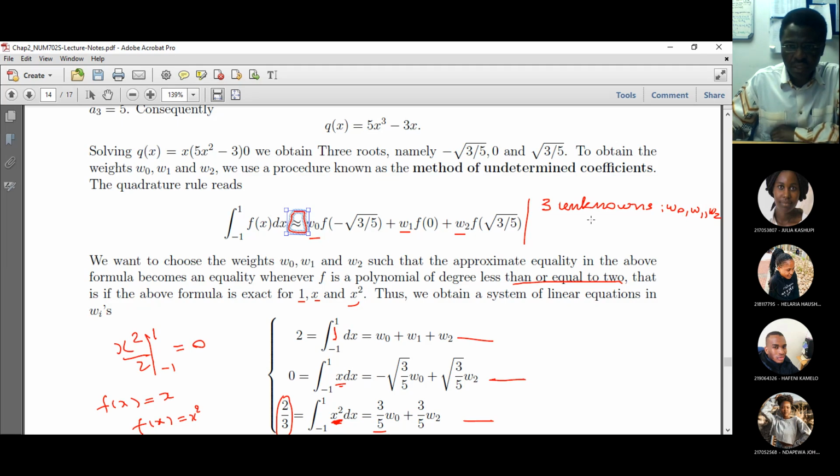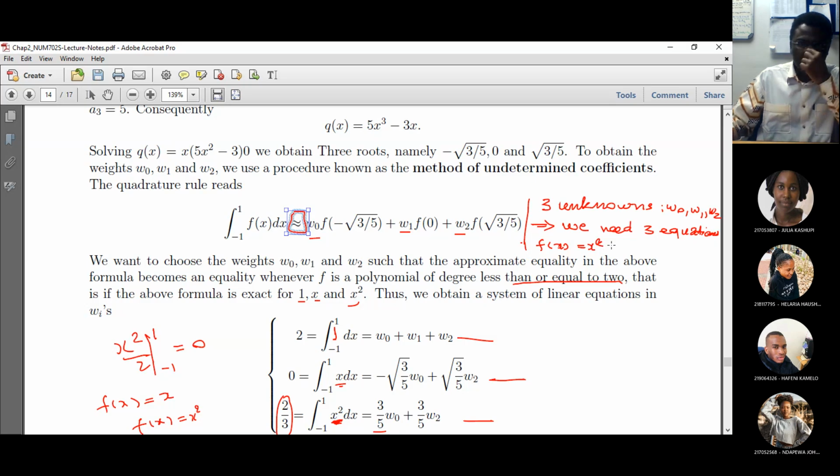So how many equations do I need to determine 3 unknowns? I need 3 equations. So if I need 3 equations, it is enough for me to use f of x equal to x^k with 3 values of k. So I can take k to be 0, 1, 2. With this, it will be enough for me to get all the 3 weights.